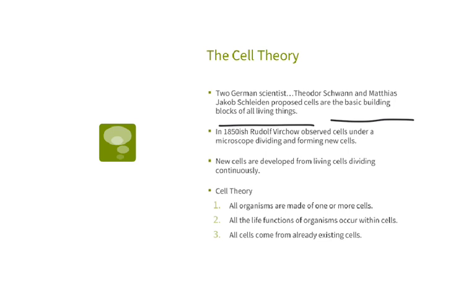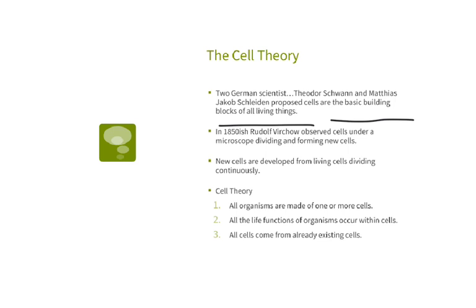So the cell theory was then proposed. And so these three scientists kind of led to that main idea of the cell theory, along with the other two in the previous slide. So all organisms are made of one or more cells, so either unicellular or multicellular. All the life functions of organisms occur within the cell. So everything that keeps animals and organisms alive is done within a cell, or within a number of cells, I should say.